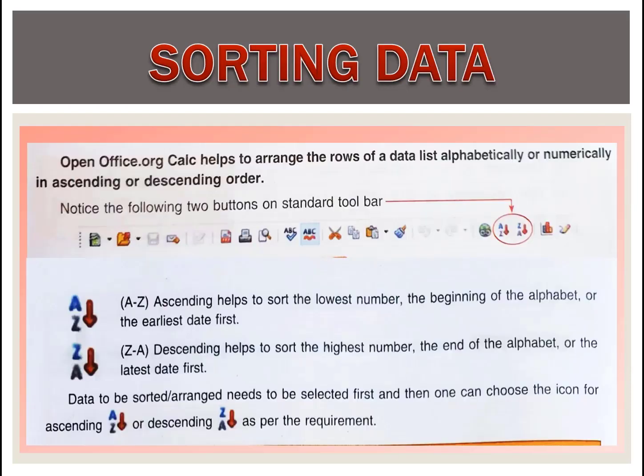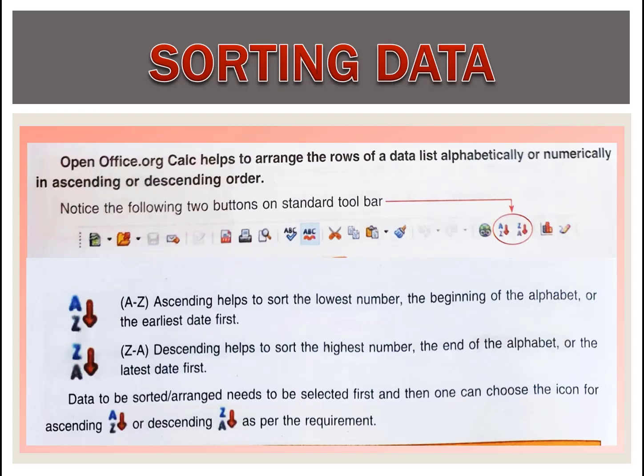Sorting data. OpenOffice.org Calc helps to arrange the rows of a data list alphabetically and numerically in ascending or descending order. A to Z, ascending, helps to sort the lowest number, the beginning of the alphabet, or the earliest date first.